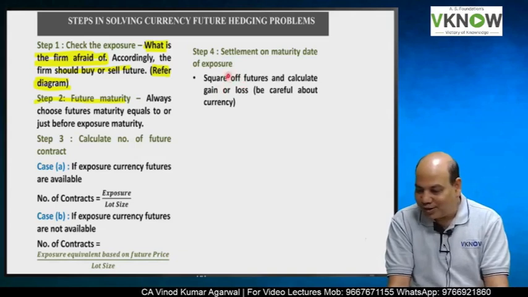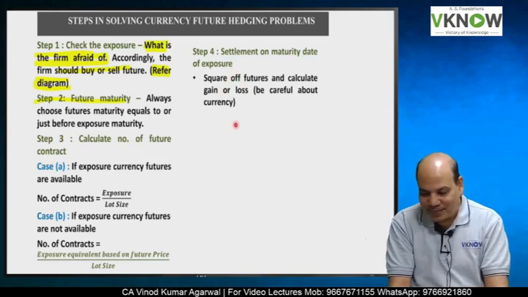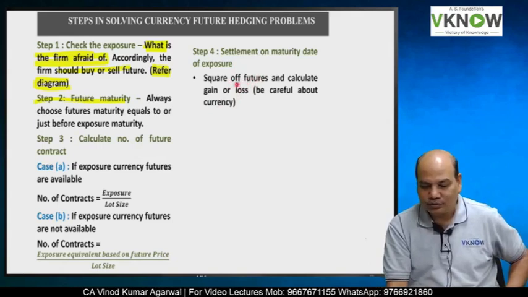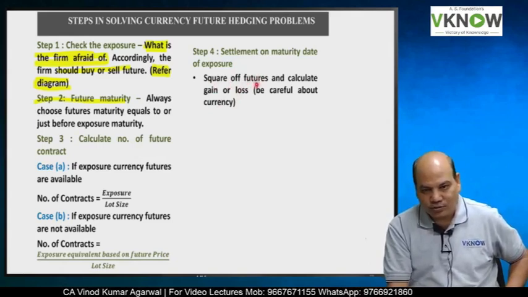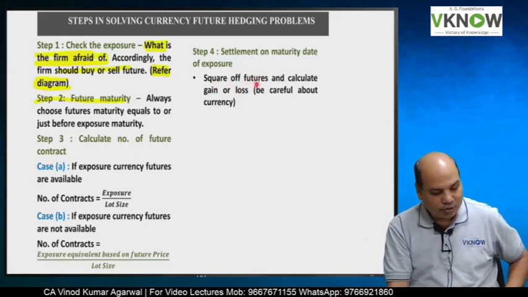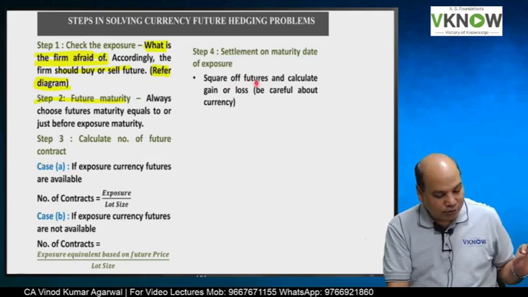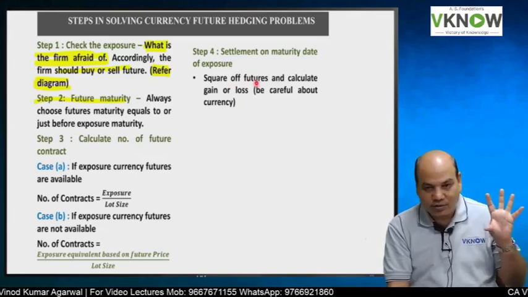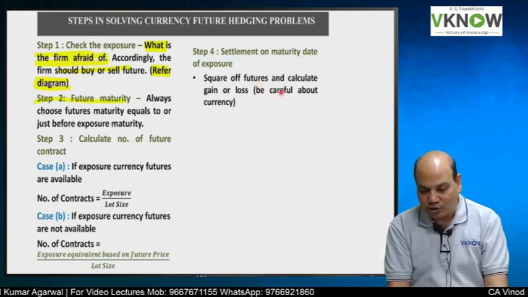Settlement on maturity date of exposure. So how do you settle the amount? Square off the future. In our question, we have entered into a future contract. Then after 3 months, the future rate is given. The difference will be your gain or loss.